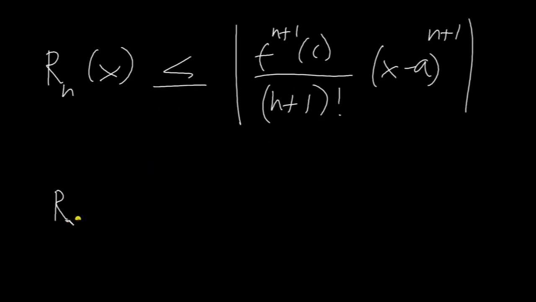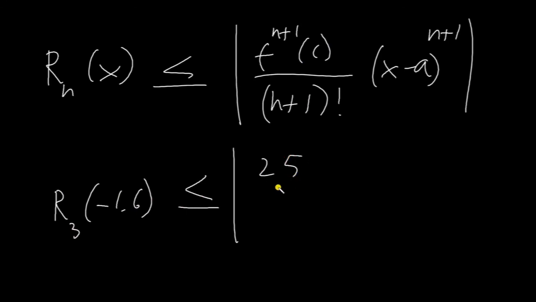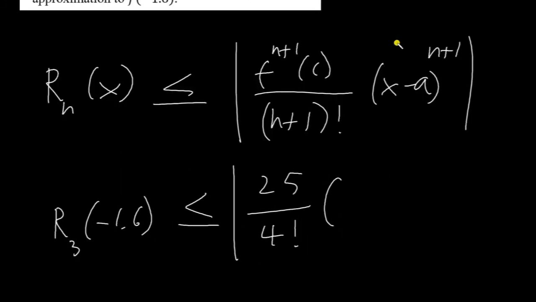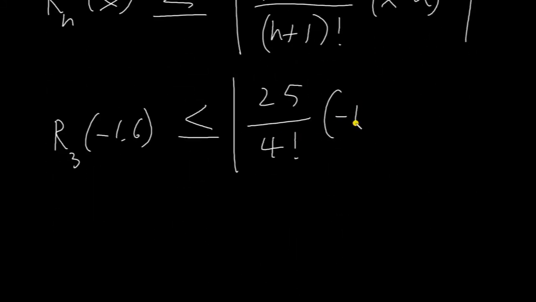So the error at negative 1.6 is less than or equal to, let's see, so this is 25. This is 4 factorial. This is x, what is x? x is negative 1.6 minus, and then a is negative 2.